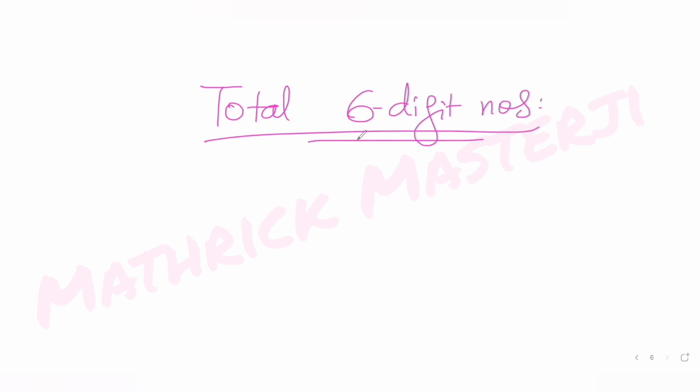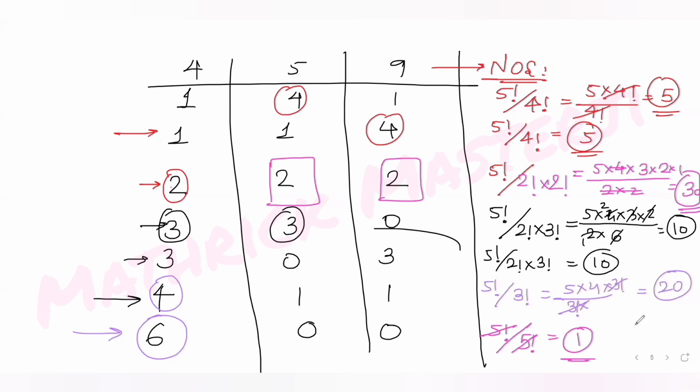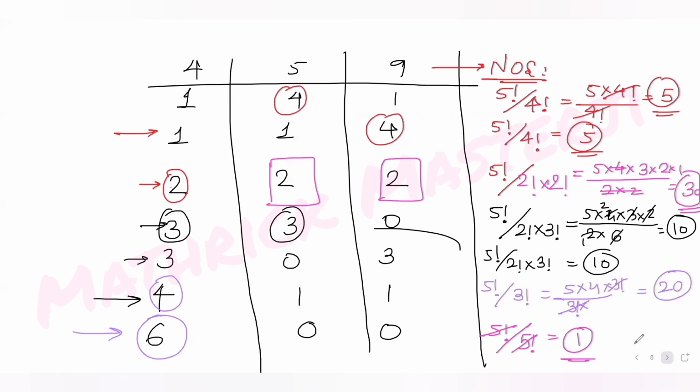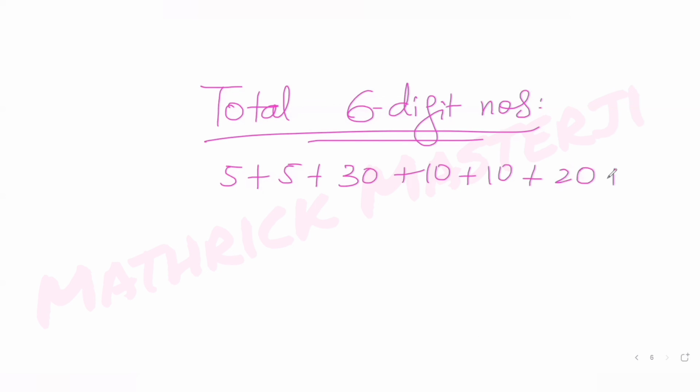So if I find out how many total 6-digit numbers you are able to form using 4, 5 and 9, you get 5 plus 5 plus 30 plus 10 plus 10 plus 20 plus 1.